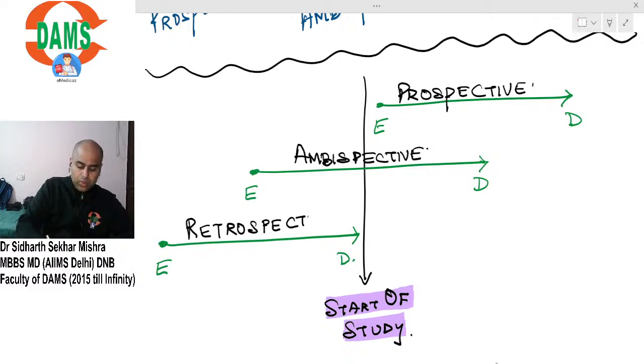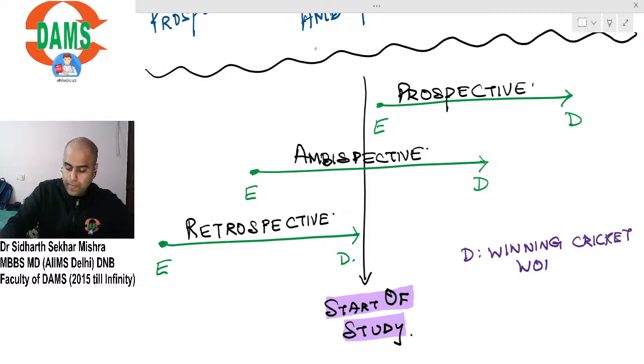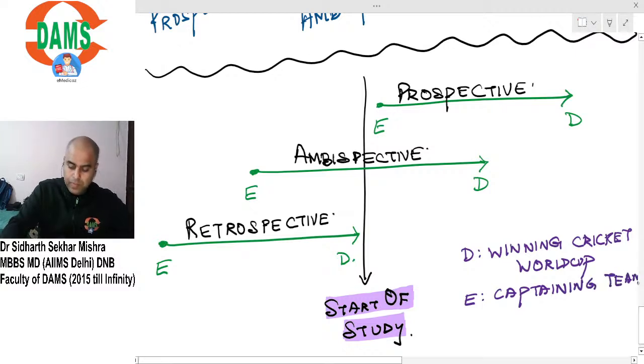Here we have retrospective, where both the exposure and disease have occurred before the start of study. Say the disease is winning the World Cup, and my exposure is captaining the team. Now, Shubman Gill has not yet been the captain of our country, and definitely has not won the World Cup.